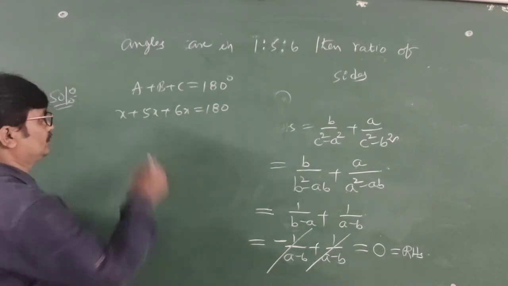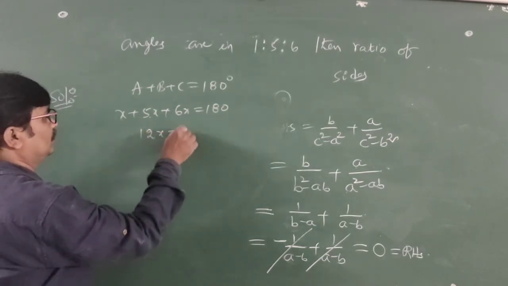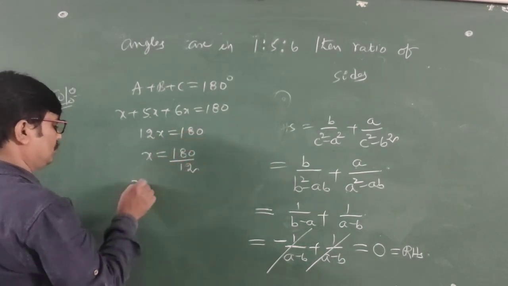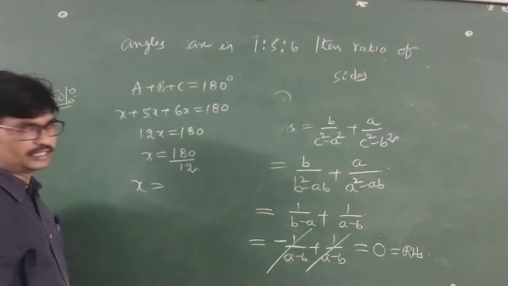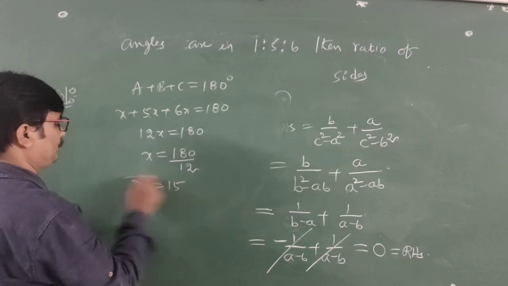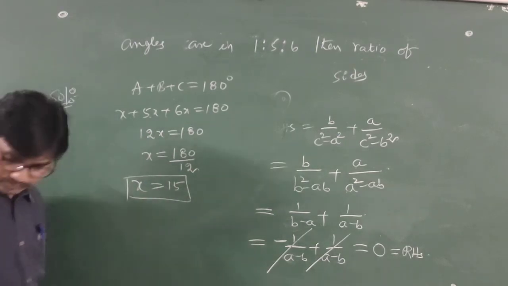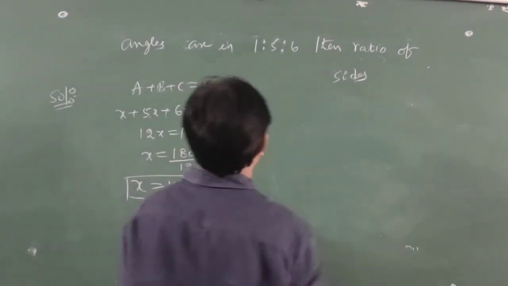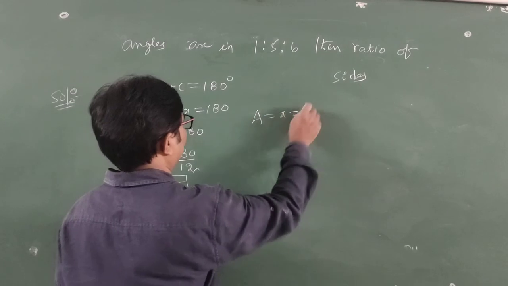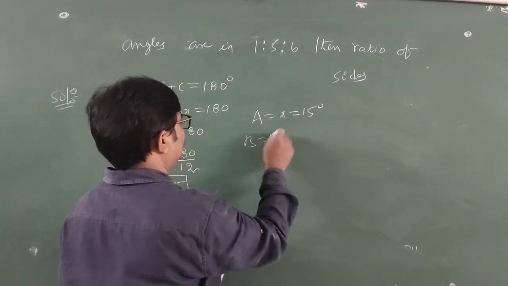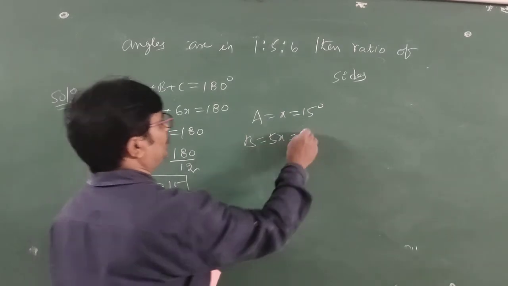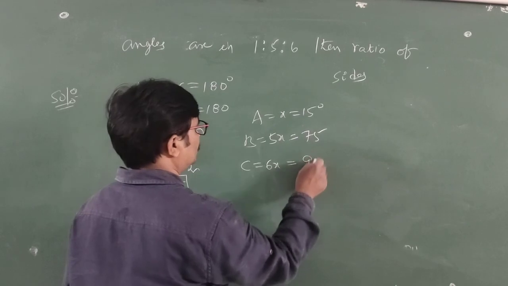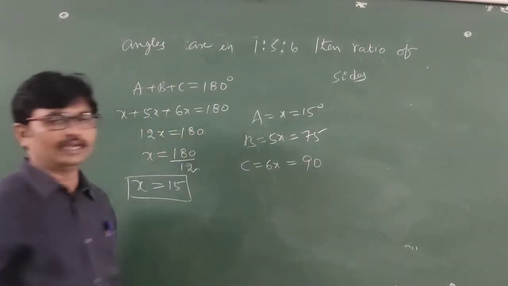My dear students, this is 12x = 180, x = 180/12, which is 15. So angle A is x, that is 15. B is 5x, 5 into 15, 75. C is 6x, 15 into 6, 90. The sum of the angles is 180 degrees.